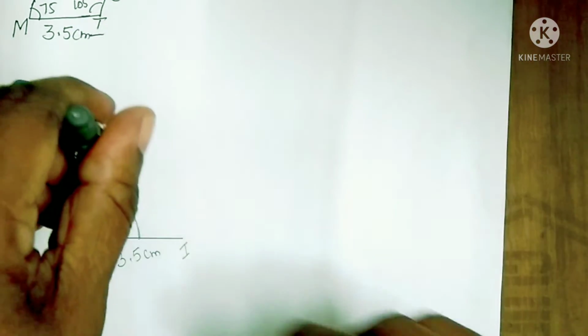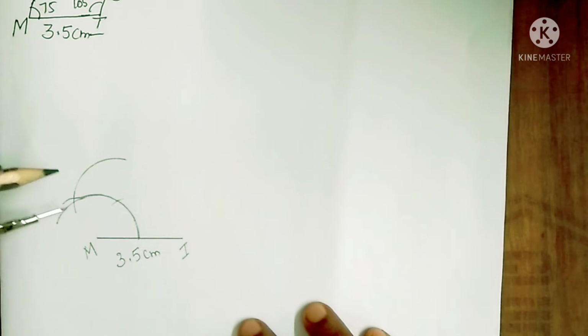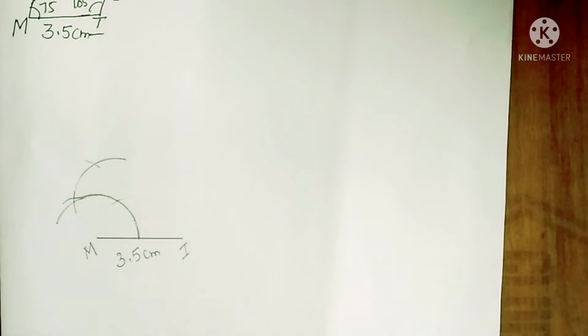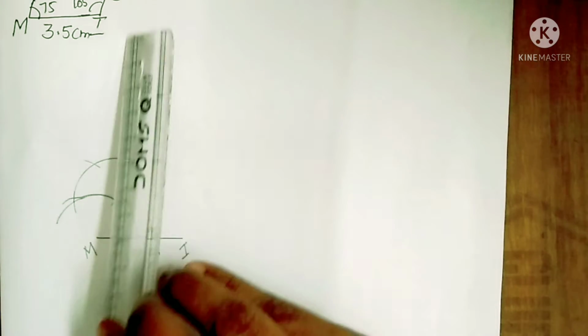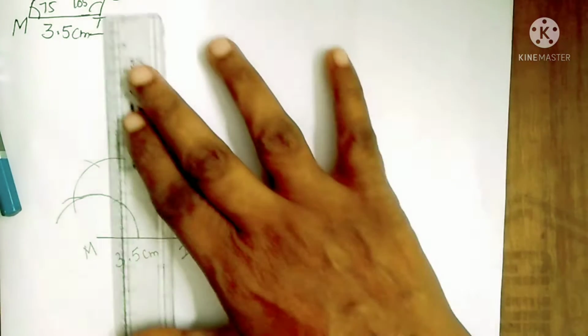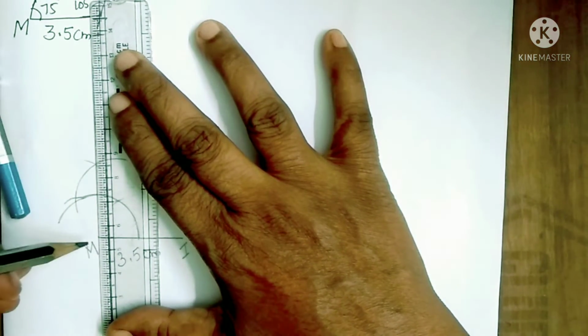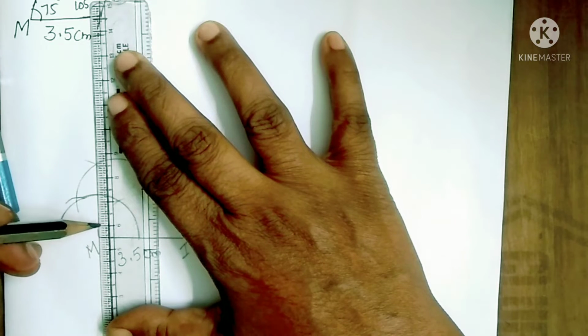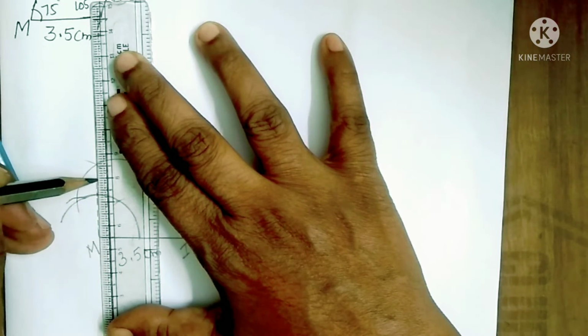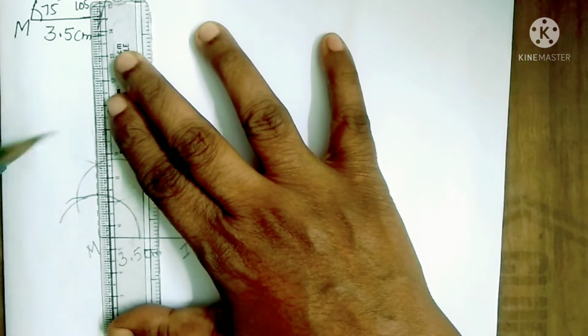If you make that arc a little bigger and bisect it again, you will get 90 degree. We are not going to draw the 90 degree line, but we will show it using a dotted line so that we will be able to get the point for bisecting again. So this is the point. So this angle is 90 degree.